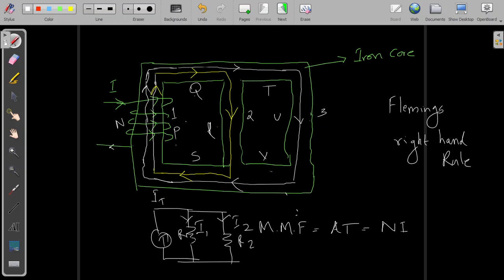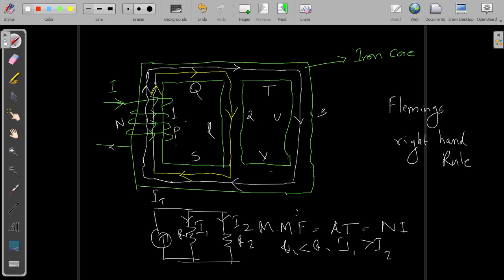That means if R1 is less than R2, opposition is low in this path. So I1 will be greater than I2.